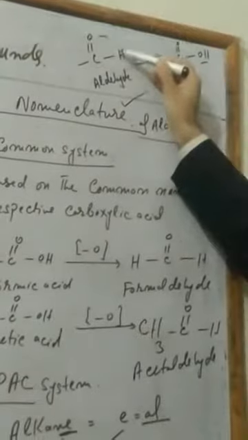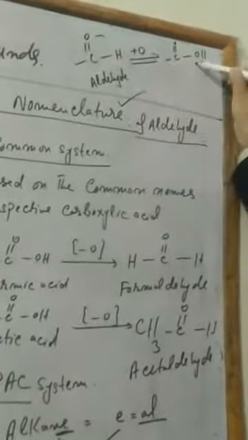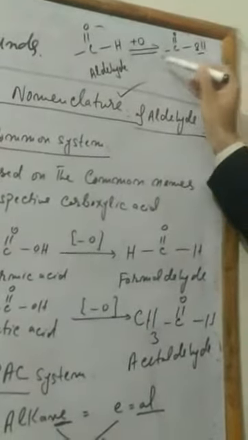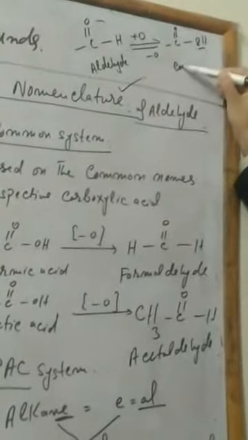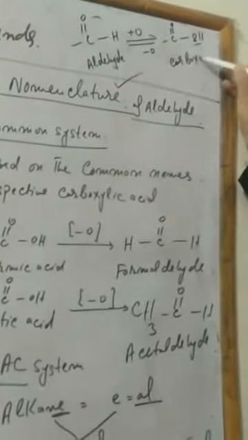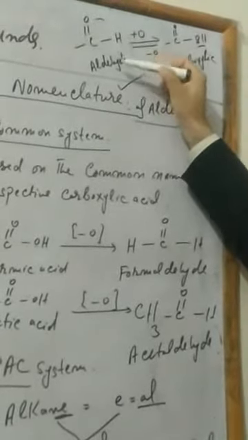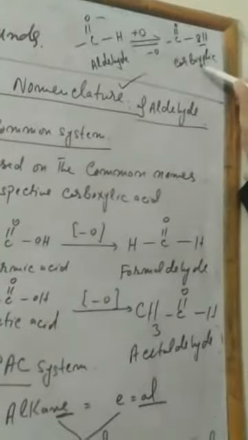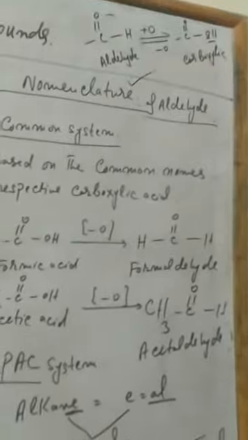It means that if we add oxygen here, we get carboxylic acid, and if we remove this oxygen, we get aldehyde. So carboxylic acid can be obtained from aldehyde by oxidation, and reversibly carboxylic acid can be reduced to aldehyde.